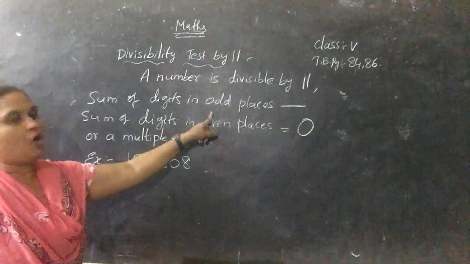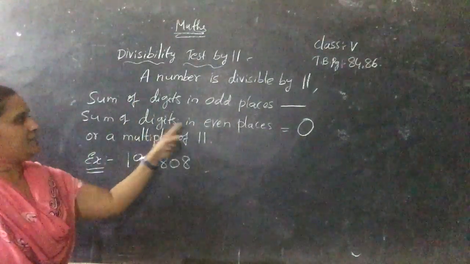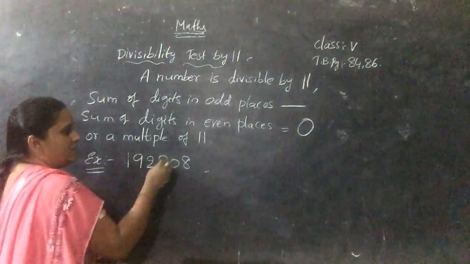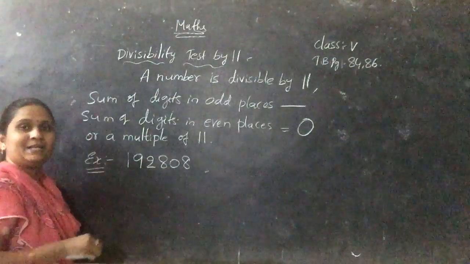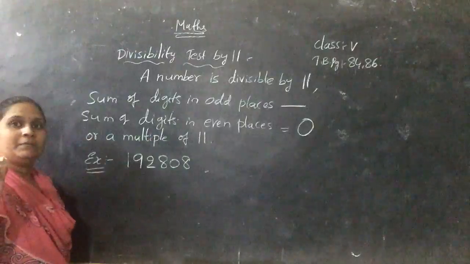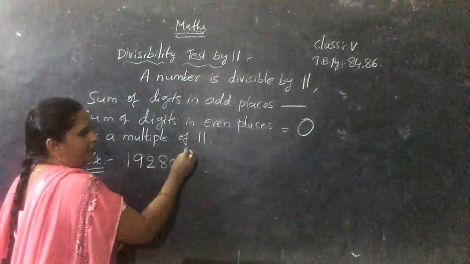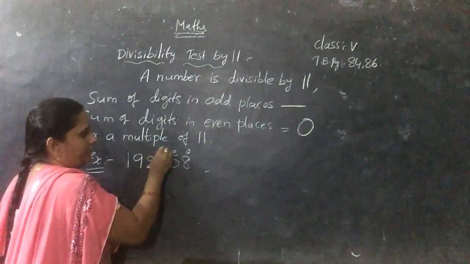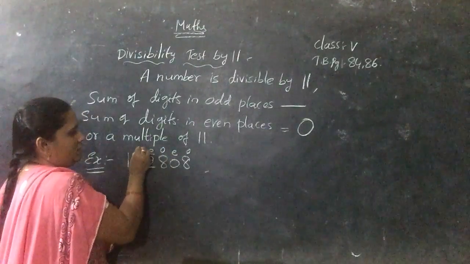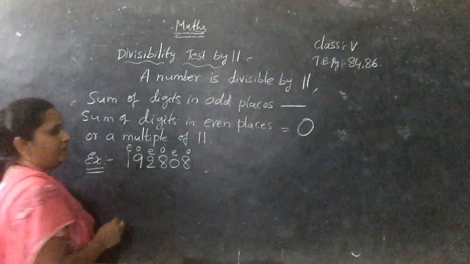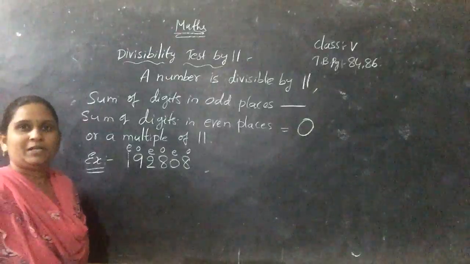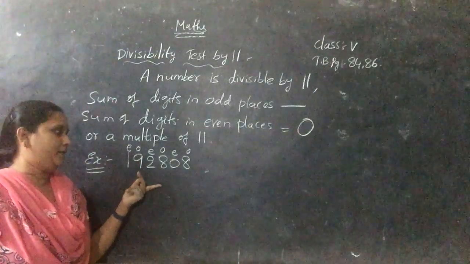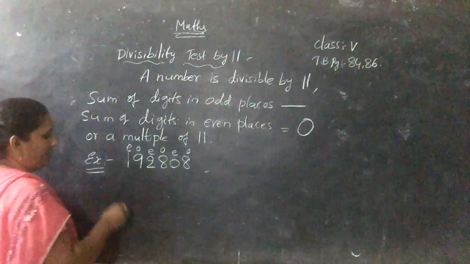Sum of digits in odd places, sum of digits in even places. So from your ones place onwards, divide the numbers as odd and even. So first one is odd, second one even, odd, even, odd, even. Instead of writing the place values, divide the numbers into odd and even.